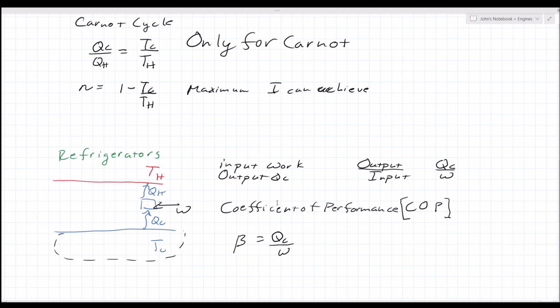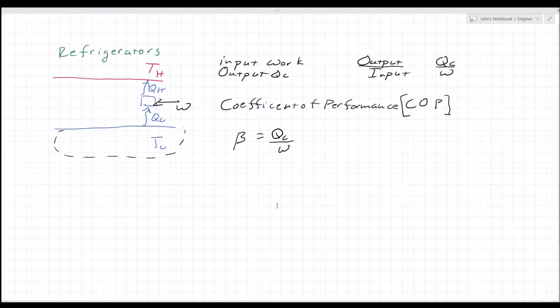Now, the next thing is a heat pump. Well, what is a heat pump? A heat pump is where you're pumping heat into a warmer area. So you have this exact same drawing as a refrigerator, except this time our output, what we care about, is how much heat we add to that hotter system.